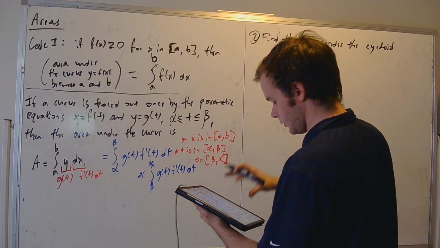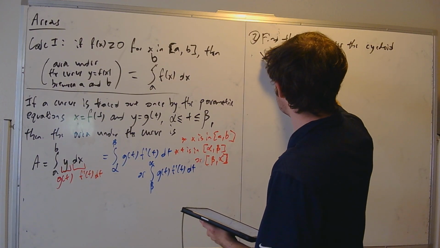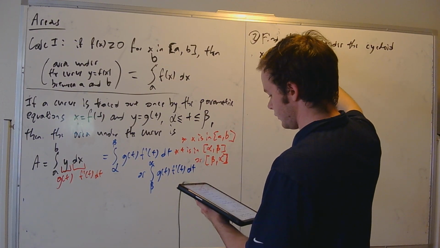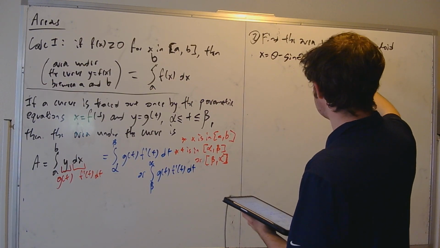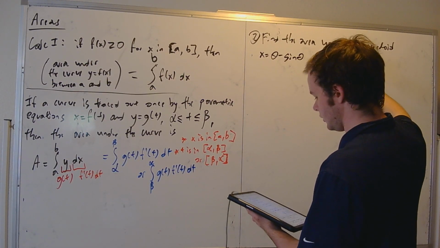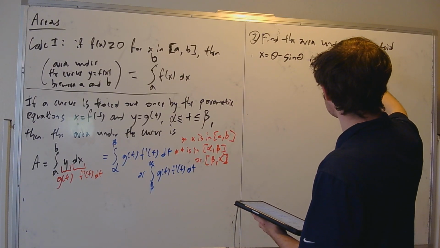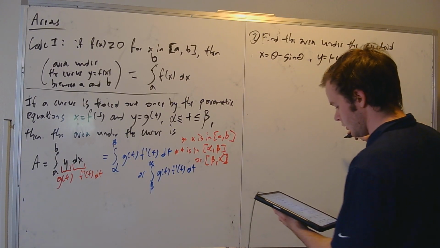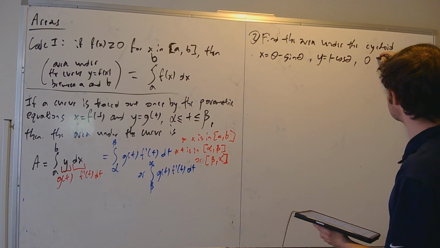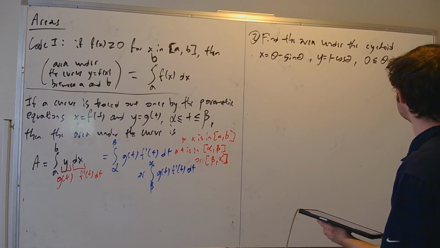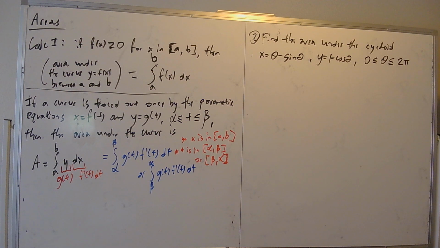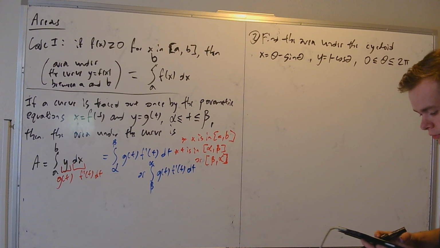So x equals theta minus sine theta, and y equals 1 minus cosine theta, and our last thing here is that 0 is less than or equal to theta is less than or equal to 2 pi. Remember, parametric equations don't have to be in t, they can be in theta or whatever other letter you want to use as well. So this time we're using theta.